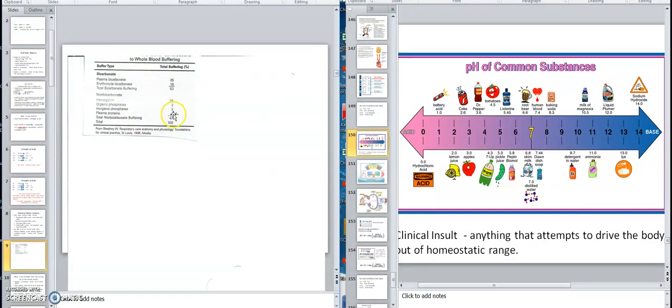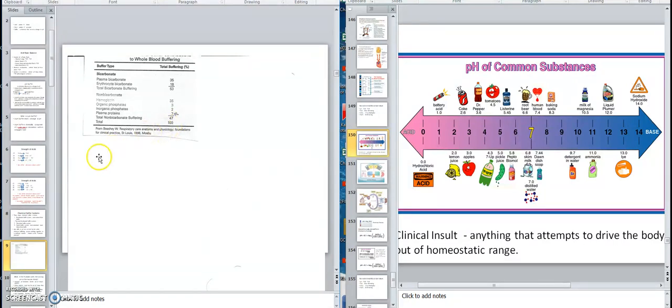Right here, you can see the plasma bicarbonate. This is just to give you a relative idea, I'm not going to question it, of how all of these different buffers are contributing to the whole aspect of buffering in the body.